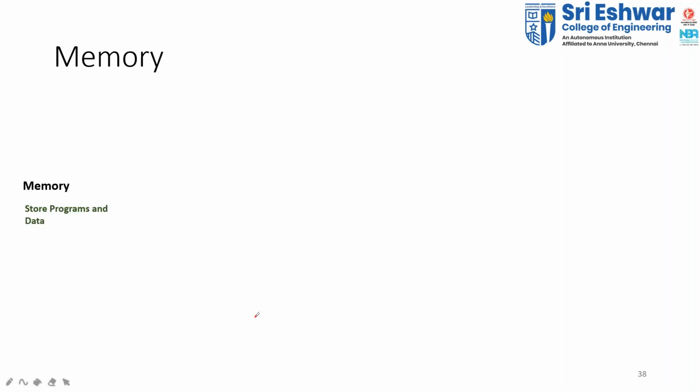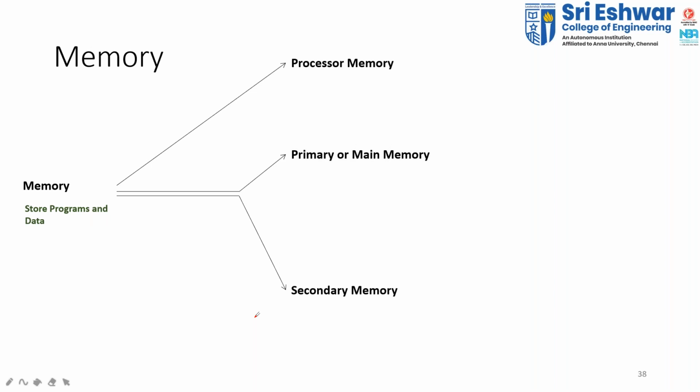And memory. Classifications of memory. Memories are used to store programs and data, right? We have three basic classifications: processor memory, primary or main memory, and secondary memory. Generally memories are used to store code and data. What is present in the processor memory?